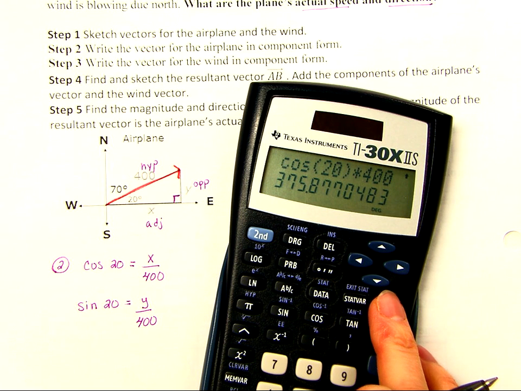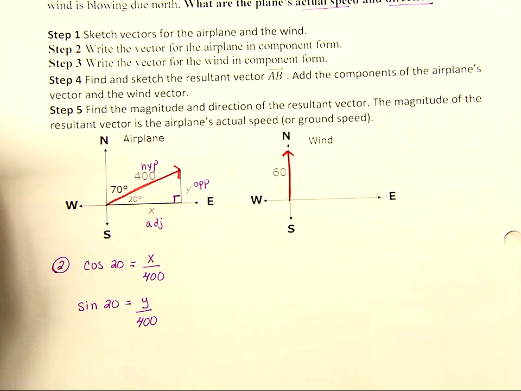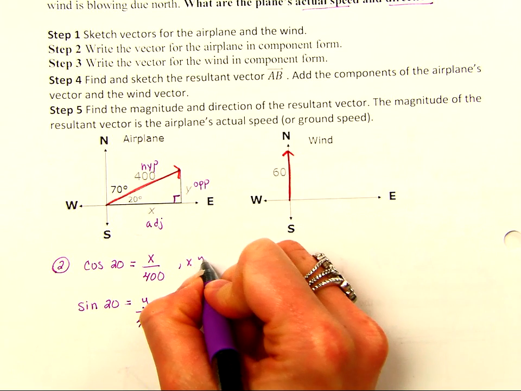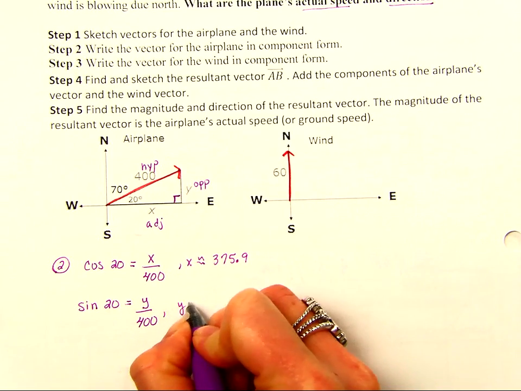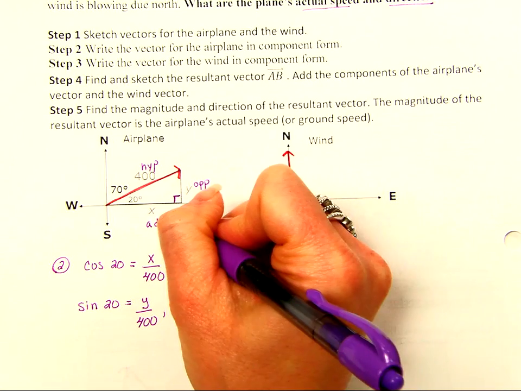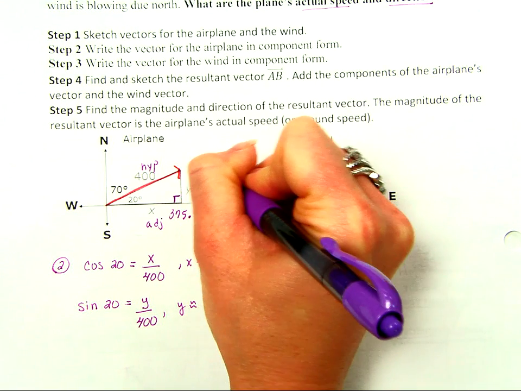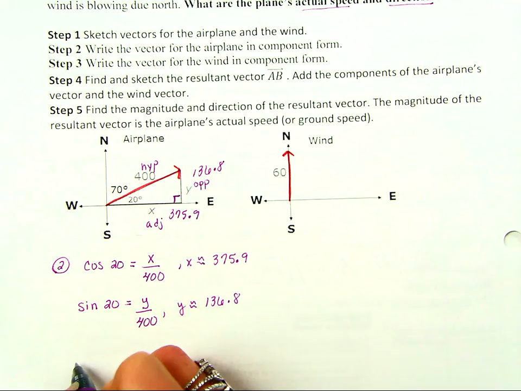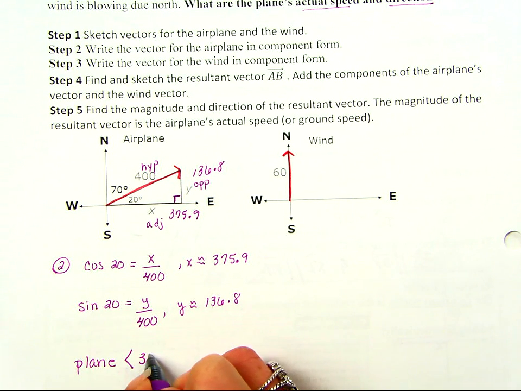So about 375.9 and 136.8. So in component form, the vector for my plane would look as so.